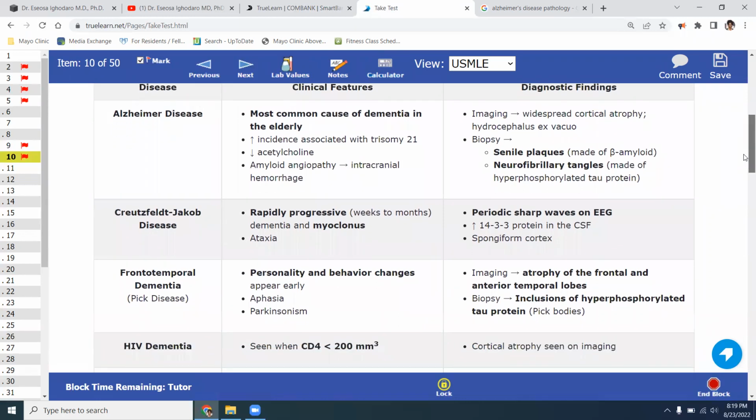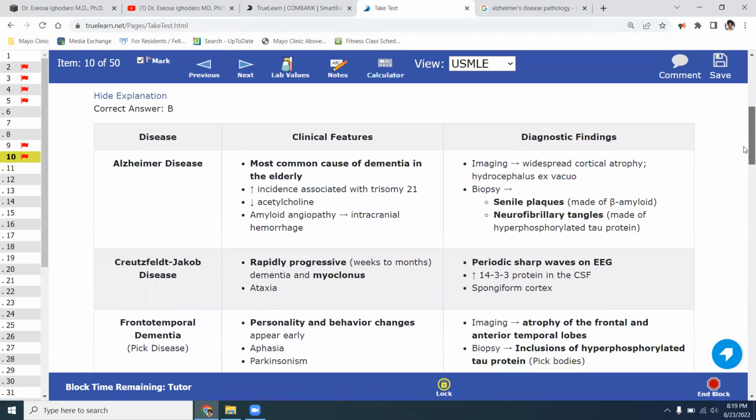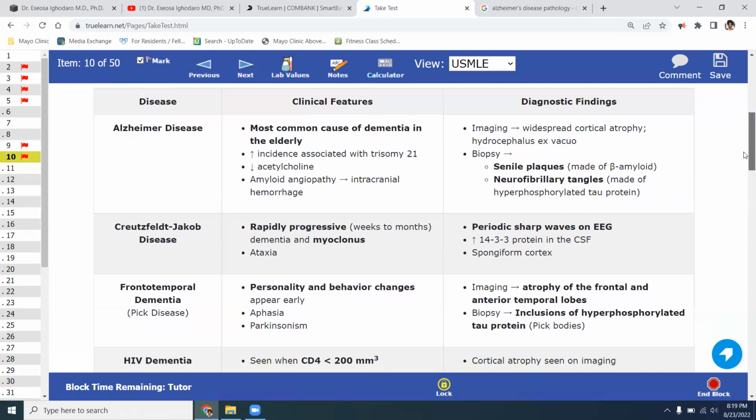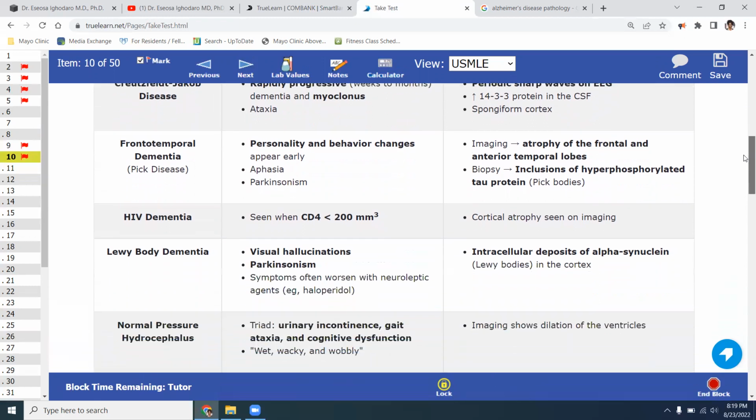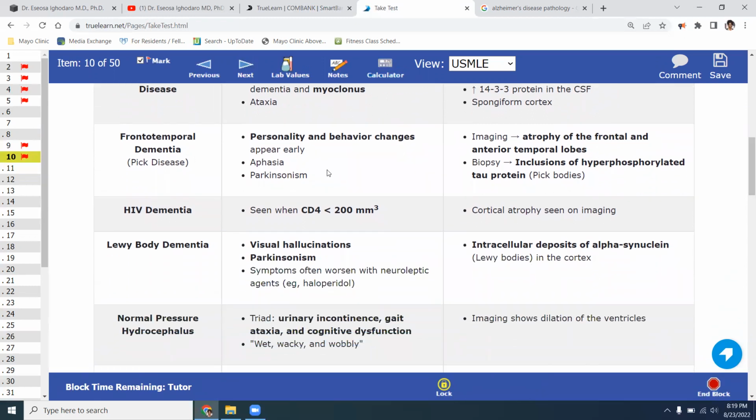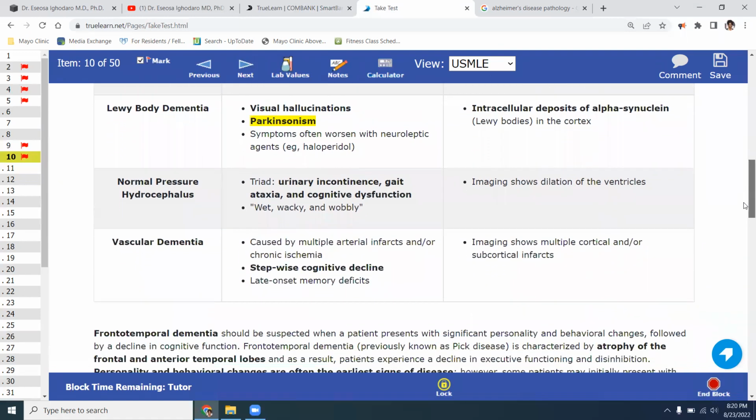So here are the diseases you should know for the USMLE Step 1: Alzheimer's disease, prion disease, also known as Creutzfeldt-Jakob disease, frontal temporal dementia, also known as Pick's disease, HIV dementia, that's a fairly rare dementia, dementia with Lewy body, like we talked about, visual hallucinations, Parkinsonism, and then normal pressure hydrocephalus, and then vascular dementia.